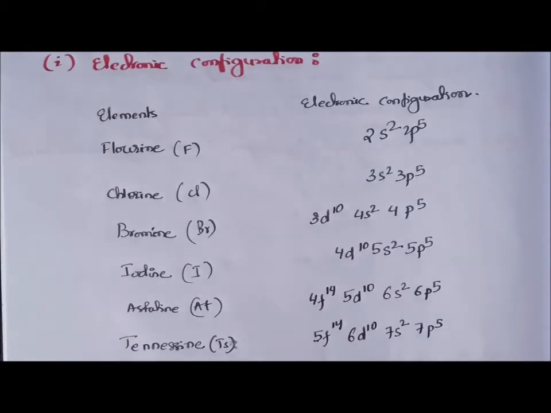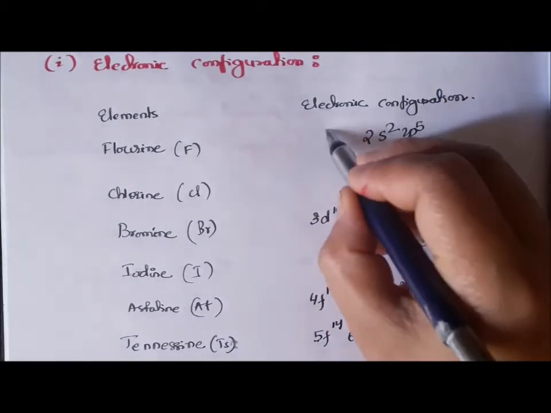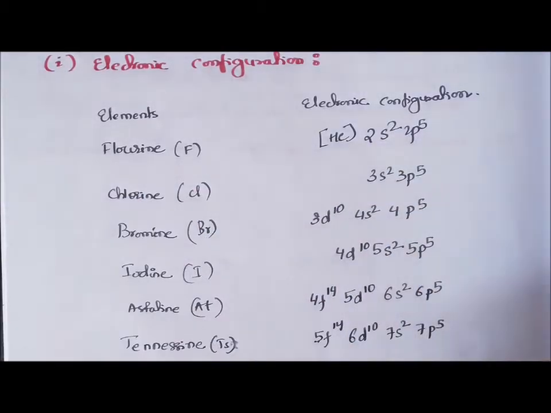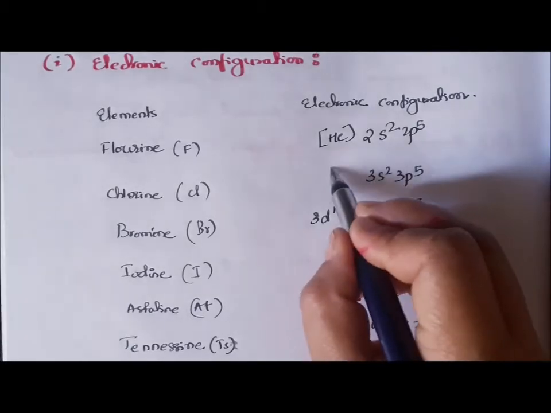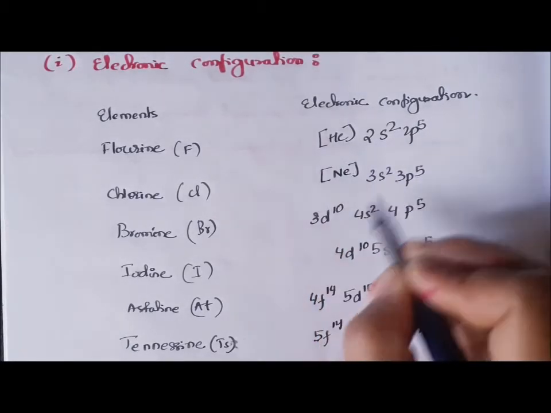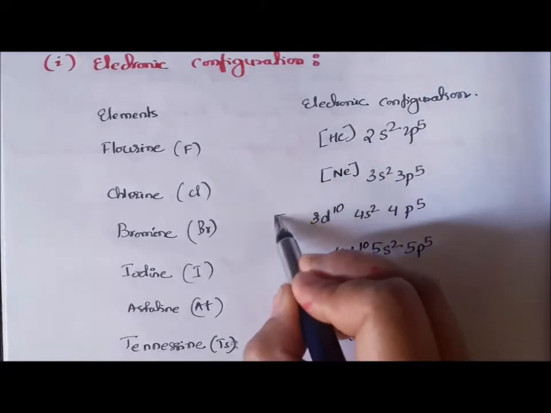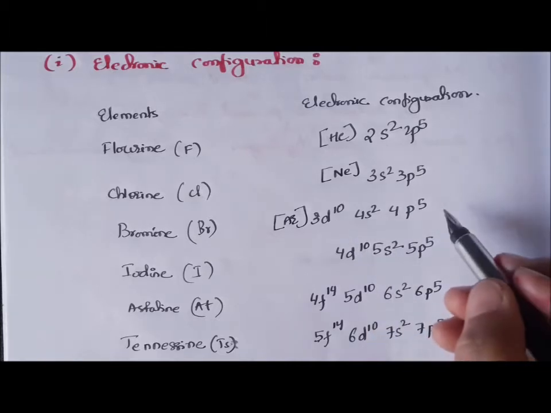Now what would be its complete electronic configuration? So what comes before fluorine, helium, so He 2s2 2p5 is the electronic configuration of fluorine. Now chlorine, what is before it, neon, so Ne 3s2 3p5 is the complete electronic configuration of chlorine. Bromine then Ar 3d10 4s2 4p5.